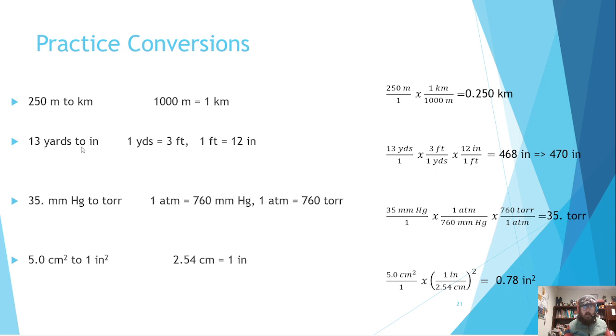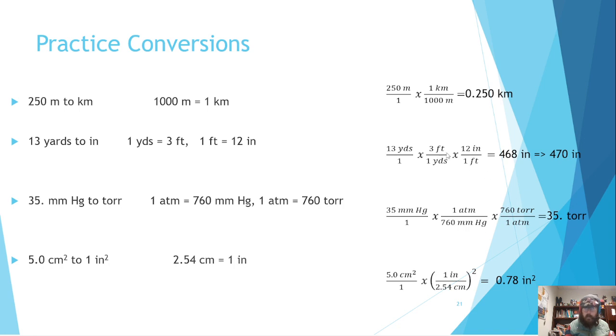When 13 yards is given and turned to inches, I know there's 3 feet in 1 yard, and 12 inches in 1 foot. So I'd start out with 13 yards over 1. Yards cancel going to feet, and then the feet cancel as we go to inches.